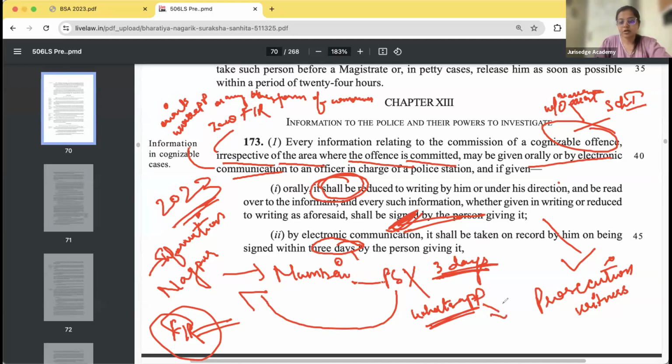If I WhatsApp a police station nearby to my house, with the whole description that I saw a killing by a knife in his kitchen when I went to their house for a party.